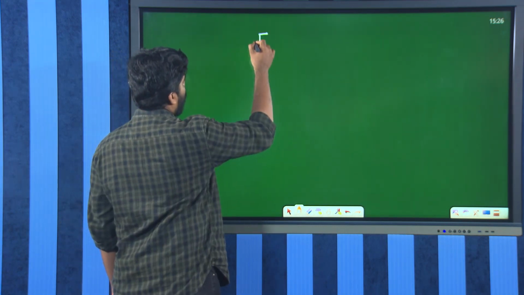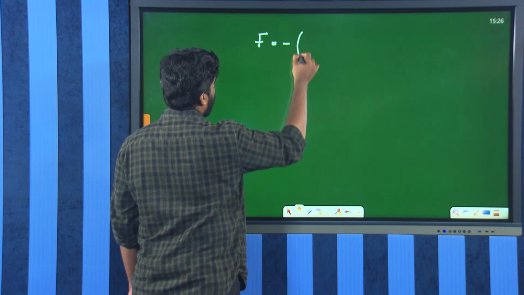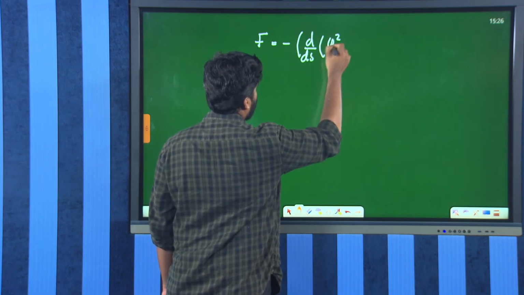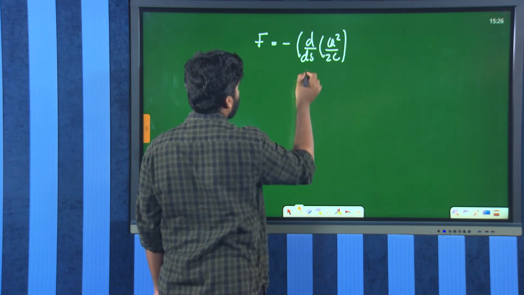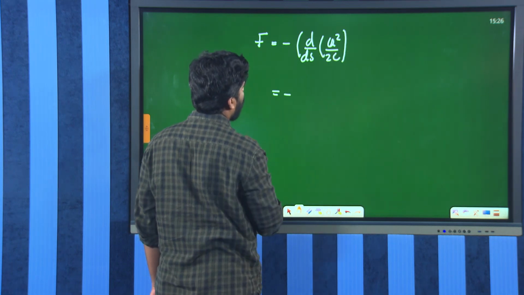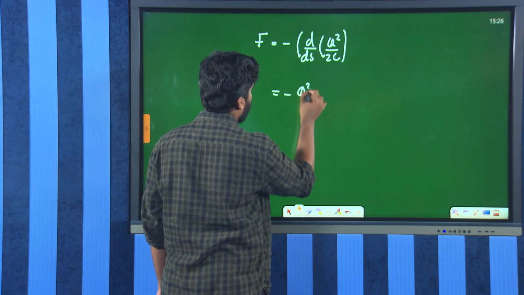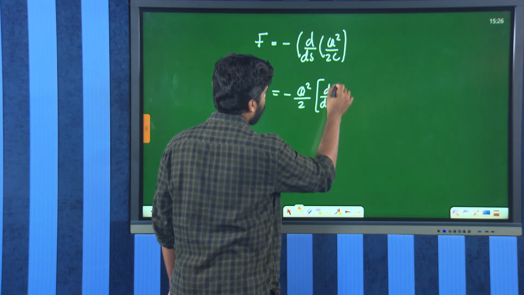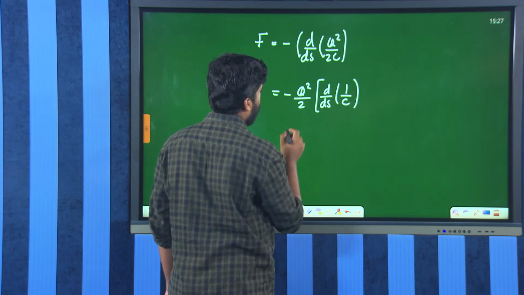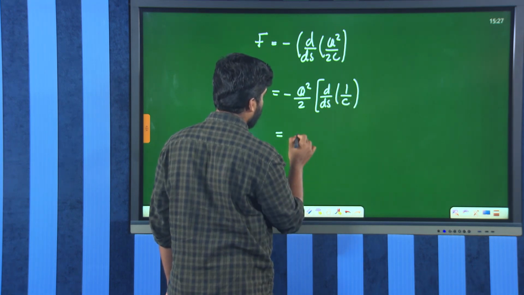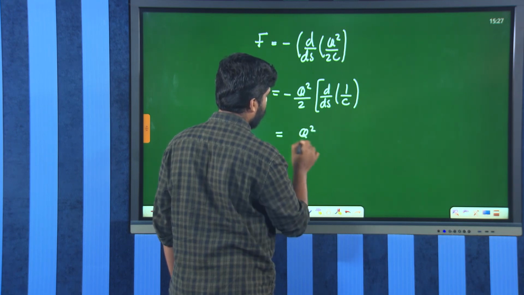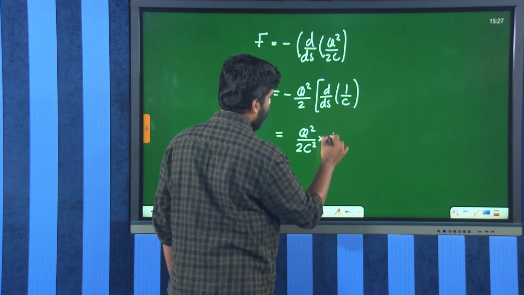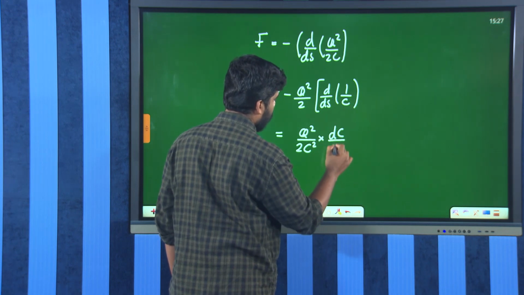So, F = −d/ds of Q²/2C. Since the charge is constant, this is equal to −Q²/2 times d/ds of 1/C. On differentiation, we will get Q²/2C² into dC/ds.